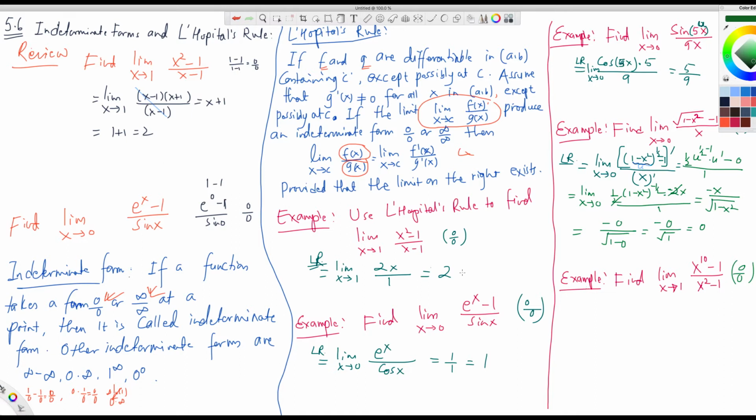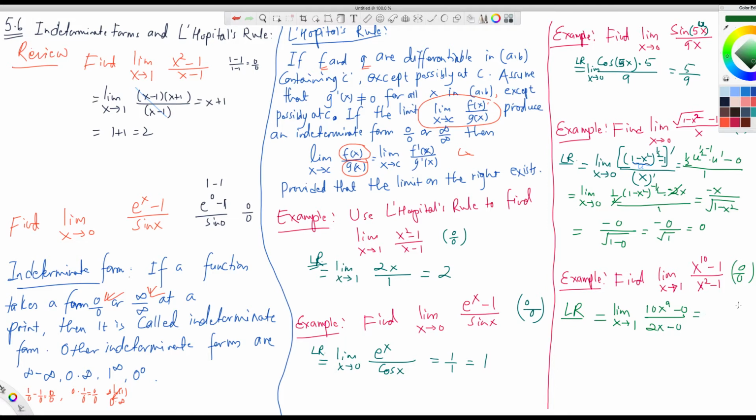Let us use the L'Hopital's rule here. So what I want to do here is write down L'Hopital's rule, equals limit x tends to 1. Okay, what is the derivative of the top? It is 10x to the 9 minus 0, because the derivative of 1 is 0. This will be 2x to the 2 minus 1, which is 1, and then minus 0.